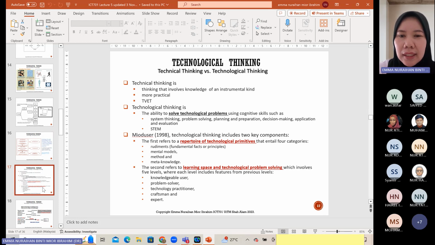Alright. So technical thinking. TVET, okay, TVET ni, kenapa kerajaan perkenalkan TVET? Because tak semua orang suka baca buku. Frankly speaking, some people are very good in developing instruments, tools, and then some people are good in practical. Dia skill-based lah. Dia tak suka baca tapi suka skill-based.